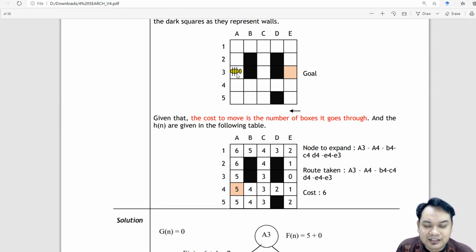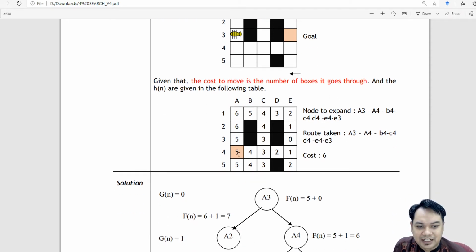Maksudnya cost dia tu GN. Kalau ingat balik cost sebenar, GN adalah 1. Kalau dia move ni 1, kalau move atas ni 1. Kalau move ni 1, 2. Ataupun 1, 2, 3. So this is the GN. And HN is given in the following table.